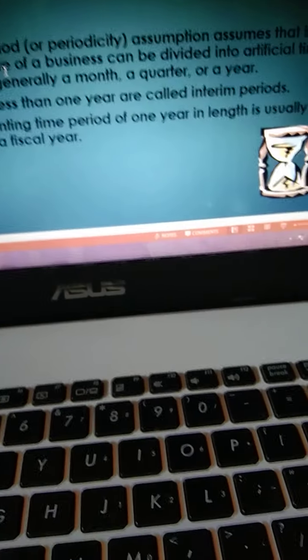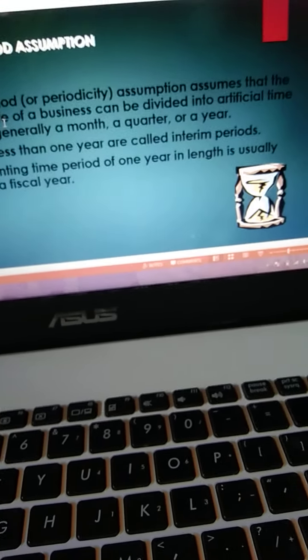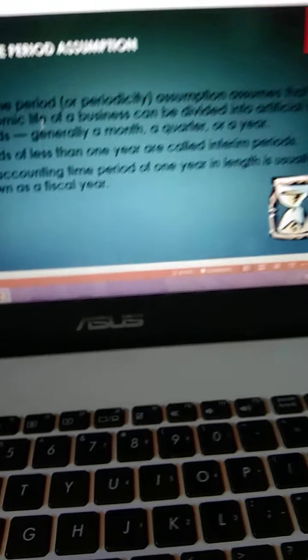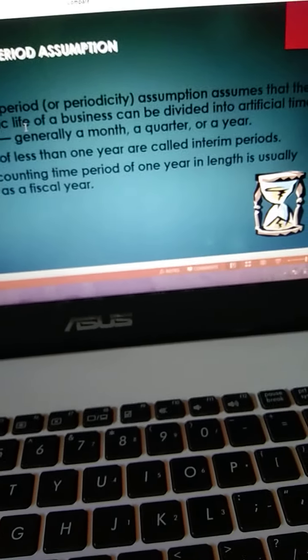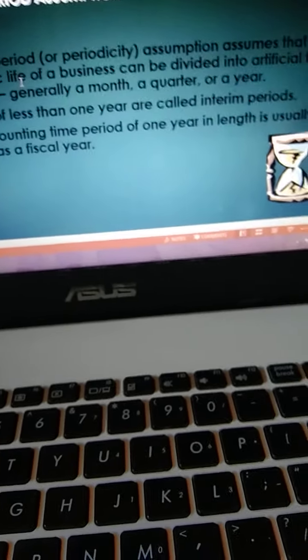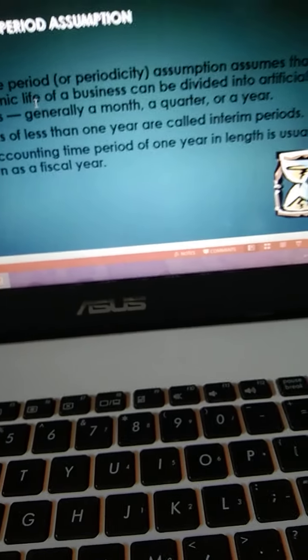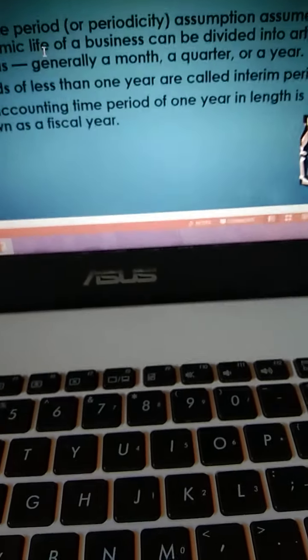Okay, for the time period assumption, the time period or periodicity assumption assumes that the economic life of a business can be divided into artificial time periods, generally a month, a quarter or a year.